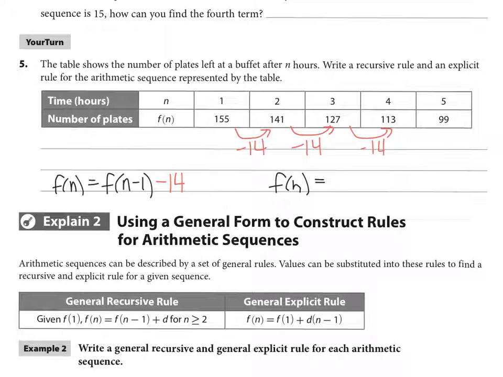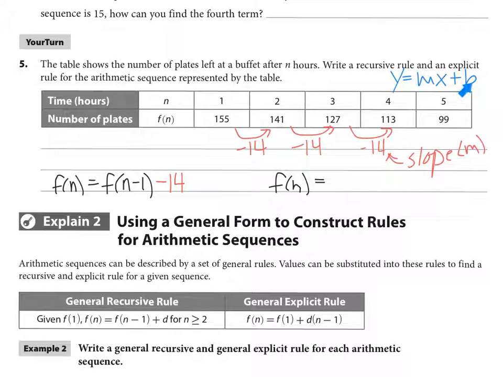But in an explicit rule, the minus 14 is our slope, which in terms of, remember, we're using the equation y equals mx plus b. Slope is our m. Now remember, b is our y-intercept, which we also call our zero term. So to get our zero term, we go backwards here.